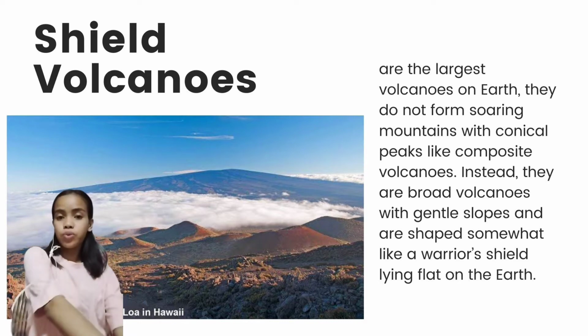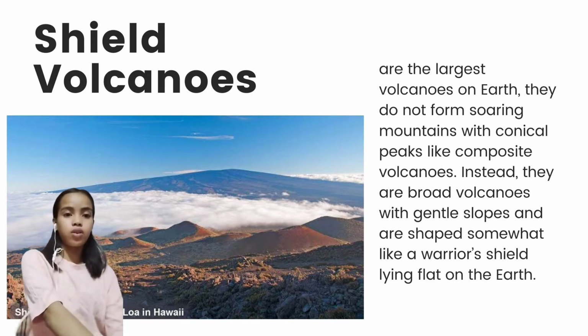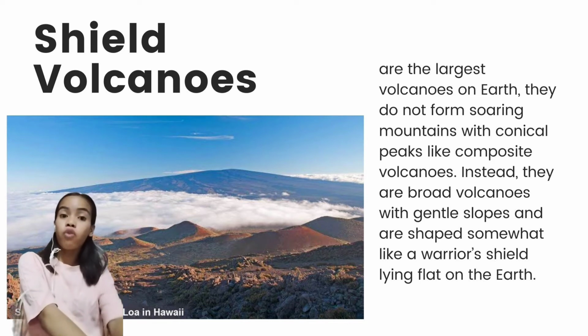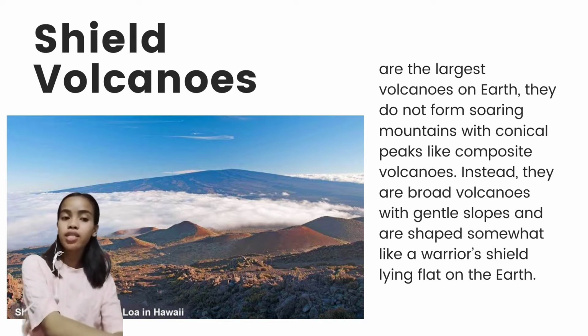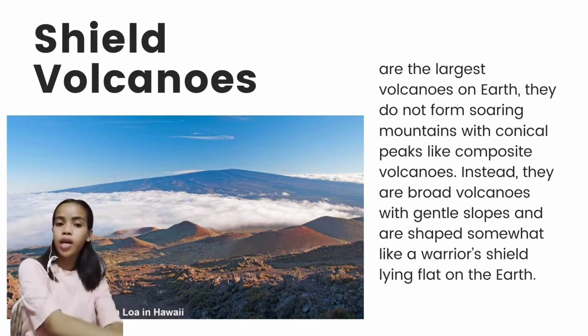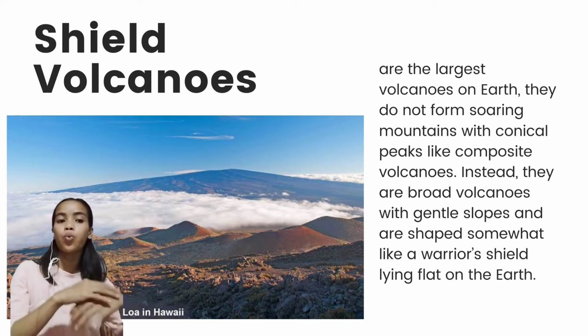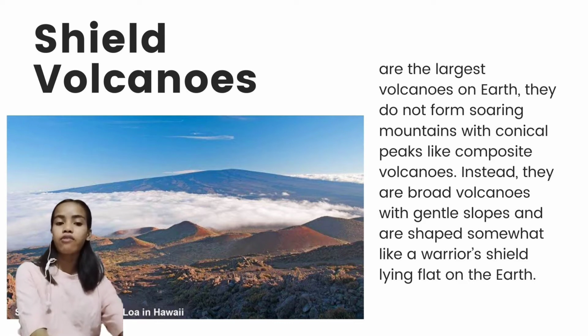Alright, next we have another type of volcano, which is the shield volcano. These are the largest volcanoes on Earth. They do not form soaring mountains with conical peaks like composite volcanoes. Instead, they are broad volcanoes with gentle slopes and are shaped somewhat like a warrior's shield lying flat on Earth.